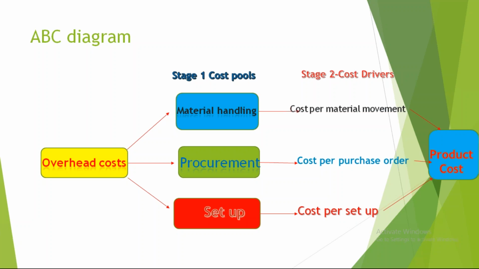Now, this is where in our examination we have to be very careful, because unfortunately in the OT paper, one disadvantage is that the examiner or the computer does not see your workings. Right? So you have to read the question very, very carefully. If they ask for the total product cost, you must give the overhead cost plus material plus labor.